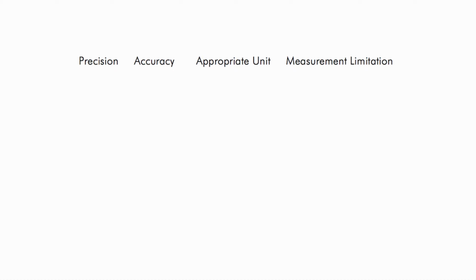So for our vocabulary today, we're going to talk about these 4 words: precision, accuracy, appropriate unit, and measurement limitation. This is one set of words. This is one as well. Although precision and accuracy are different, quite different actually, today we're going to group them into the same category and generally talk about how precision and accuracy are talking about the closeness.